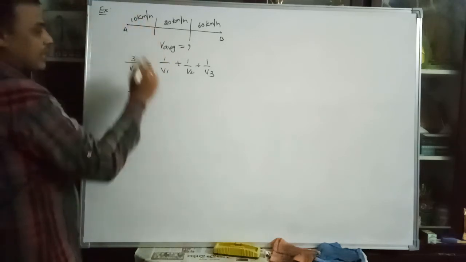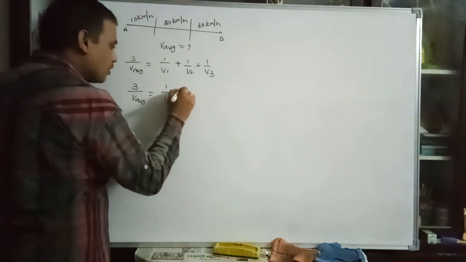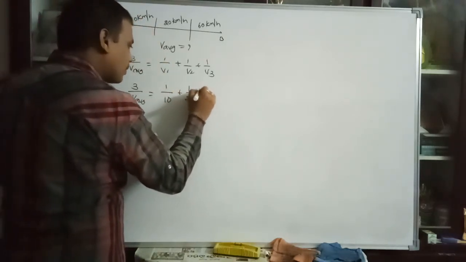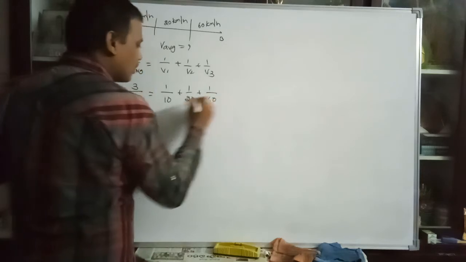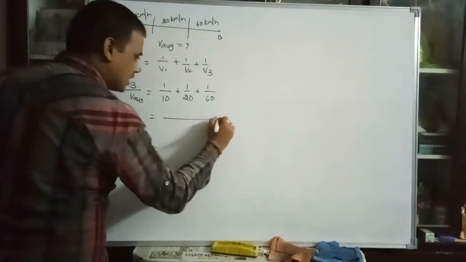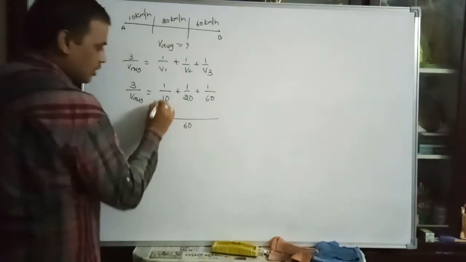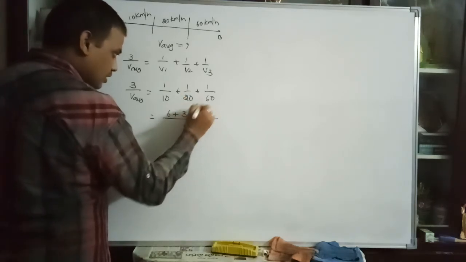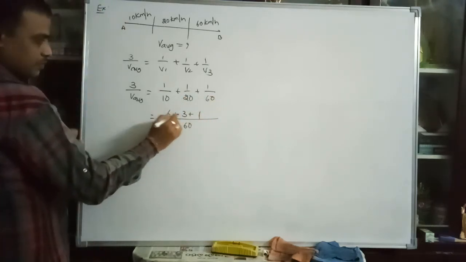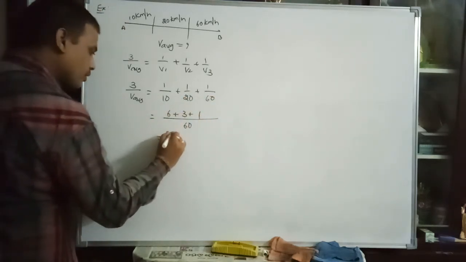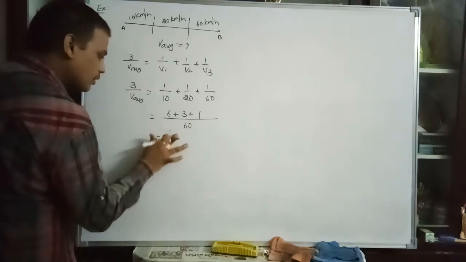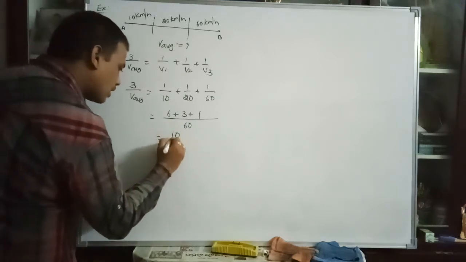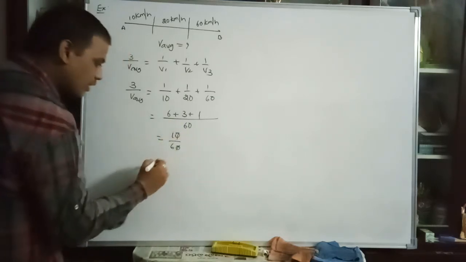So 3 by v average. v1 value is given as 10. 1 by 10 plus 1 by 20 plus 1 by 60. In all, LCM can be taken as 60. In 10, 60, 6 times, 20, 3 times, 60, 1 time. 6 plus 3, 9, 9 plus 1, 10. 10 by 60. 0, 0 get cancelled.